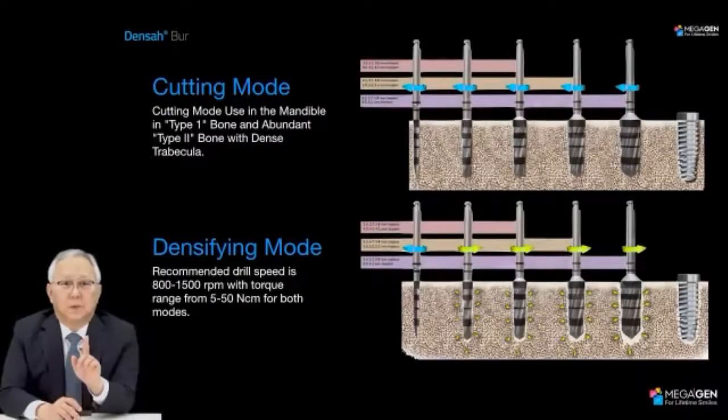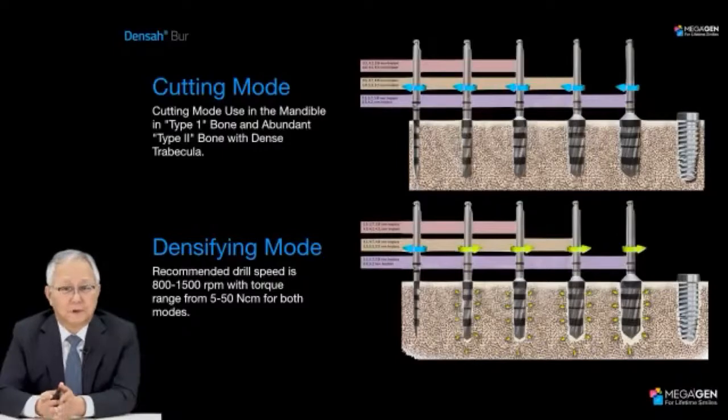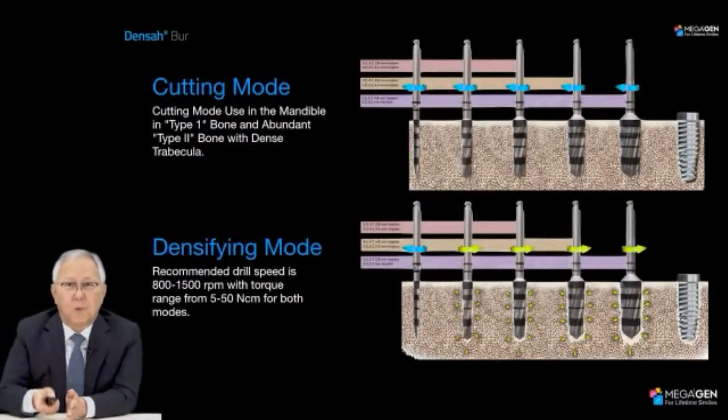Okay, when you try to use the Densah Bur, you need to remember this one. Very simple mode. When you use the lens drill, you need to use clockwise, just like a normal drill. But from the next step, the first Densah Bur, you need to use counterclockwise with almost the same speed as the standard drill, and with the pumping mode.